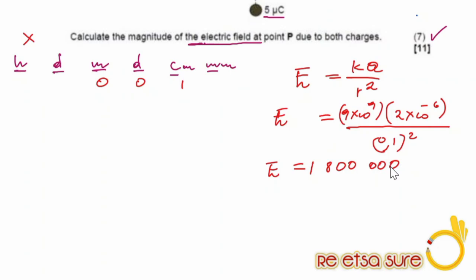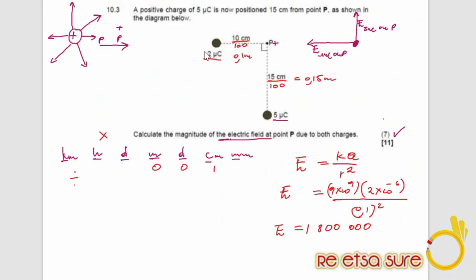What I normally do, I don't put the negative or the positive signs on my equation. Why? Because number one, I've already drawn my free body diagram. The negative and the positive sign actually show you the direction.